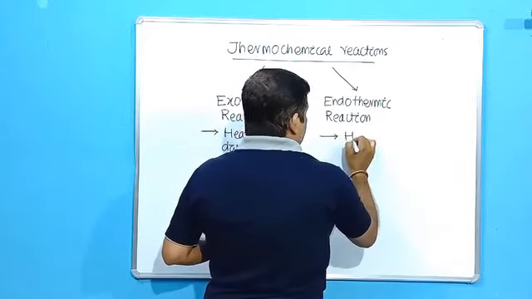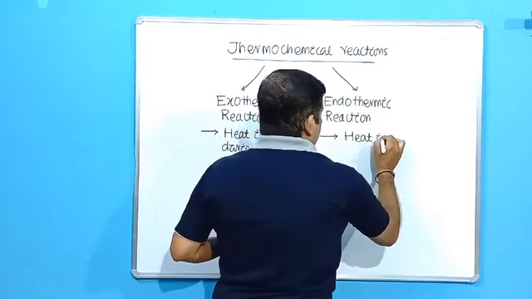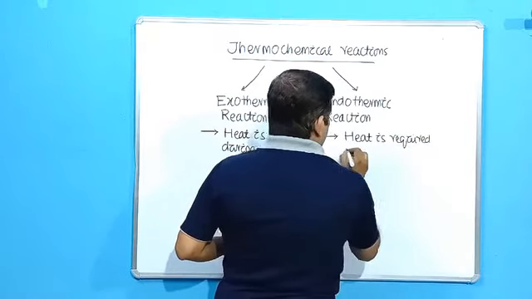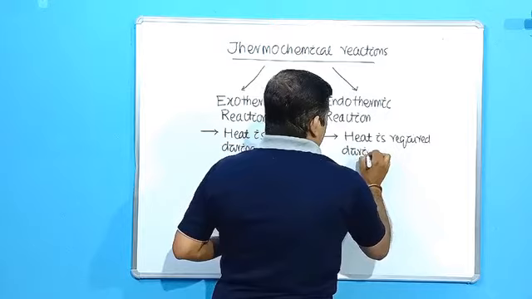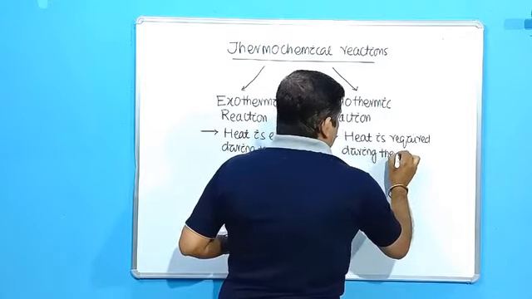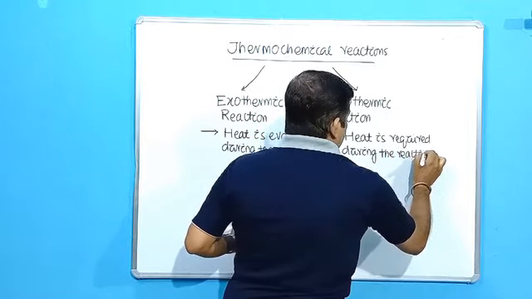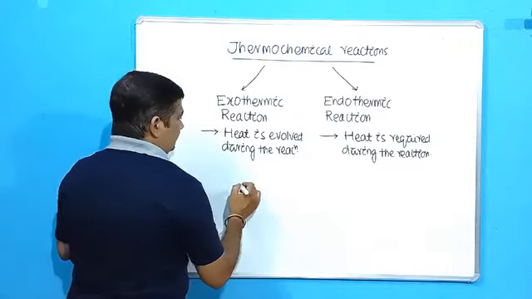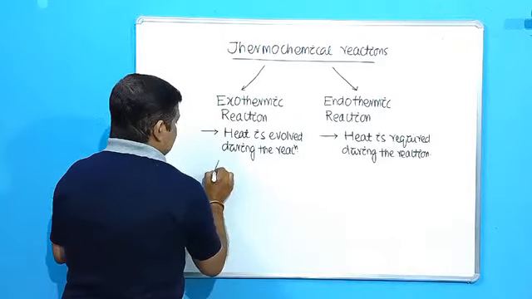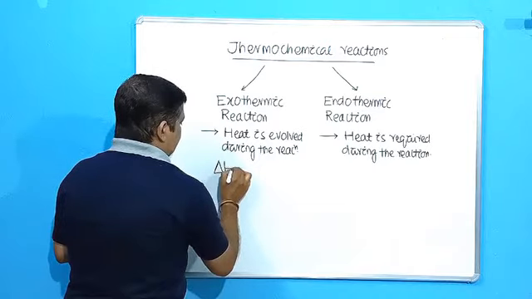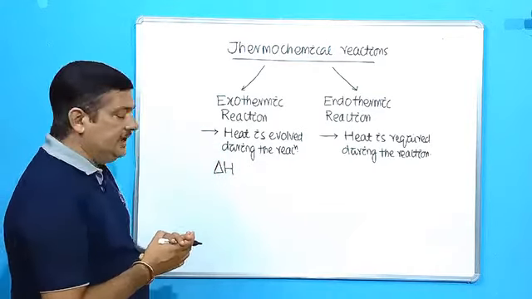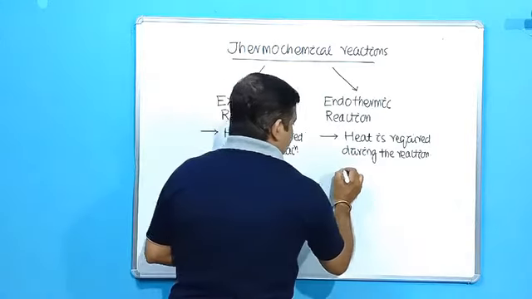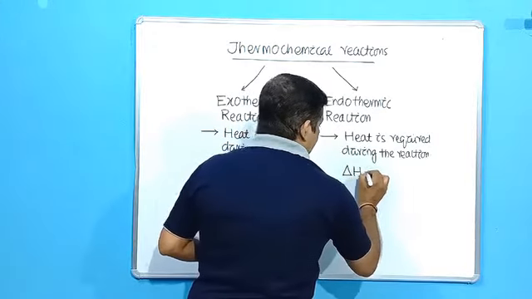Endothermic means heat is required during the reaction. Similarly, we represent it as delta H, that is change in enthalpy. So for exothermic delta H would be negative, for endothermic delta H would be positive.